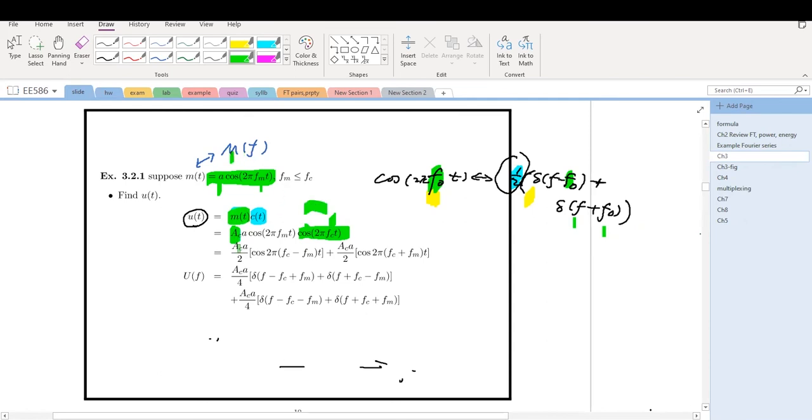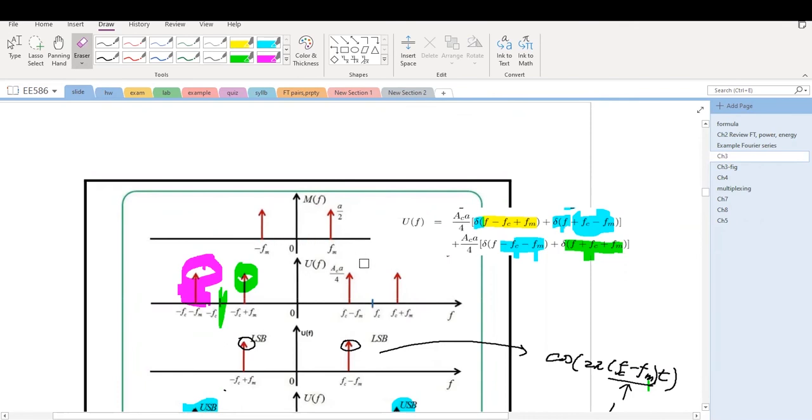You take half. M(f) moves to fc. That's here. These two specs move here. What's the scale? That's half a here. There is a big Ac here. And remember, there's a half for the modulation property. So there's a quarter here. This whole portion here moves to minus fc.